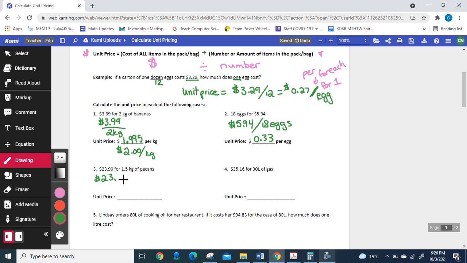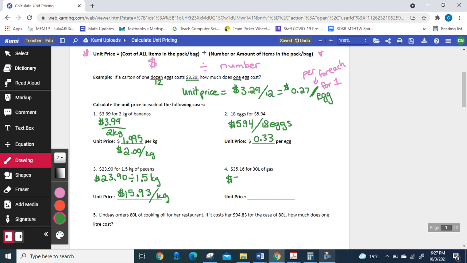Nice and simple. $23.90, we're going to divide that by 1.5 kilograms. 23.9 on our calculators divided by 1.5 equals 15.93. 15.93 per kilogram.